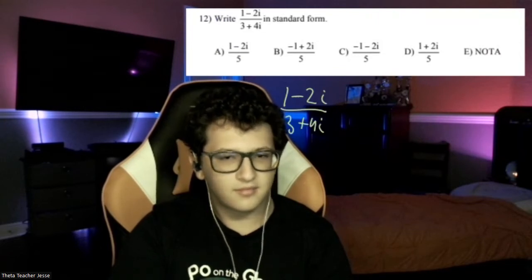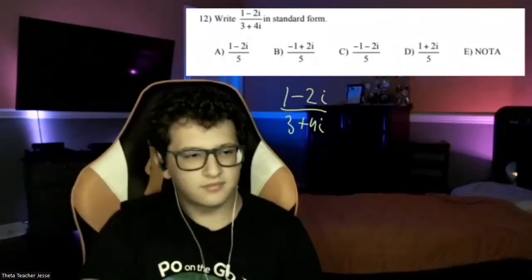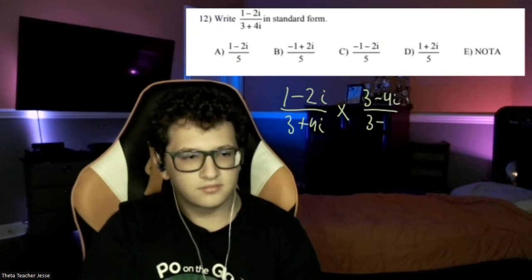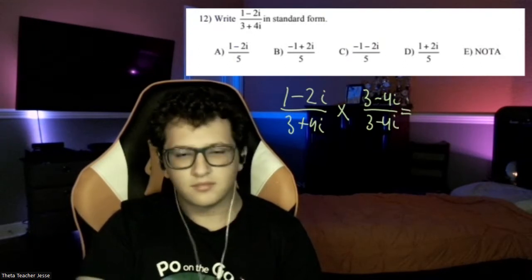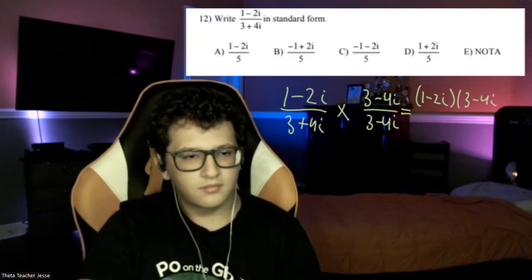And when we multiply by the conjugate, we only multiply by the conjugate of the denominator, because we're trying to get the i term out of the denominator. That's the general goal of what we're doing here. So basically we're multiplying by the conjugate over the conjugate, which just means we're multiplying by 1. But what this does is it gets that term out for us.